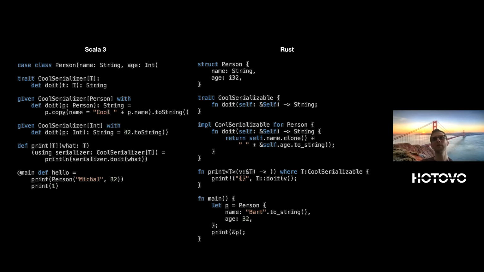Now, what's common is that we implement that trait for a person outside of the person object. Normally in Java, you have to implement an interface for some class by using the implements keyword next to the class. So you can't implement something for a class outside of that class.